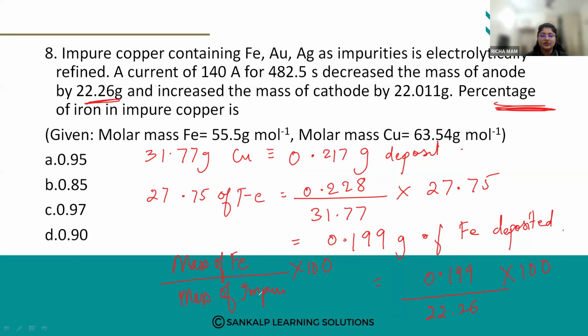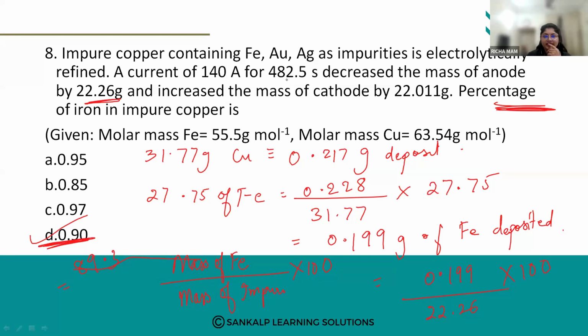It is a little tedious. So I got 89.3, which means approximately 0.90. So option number D. Okay, it is option number D.